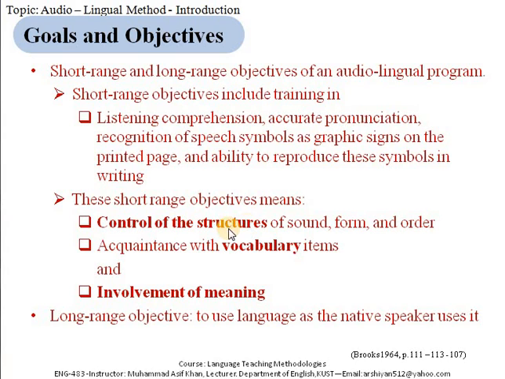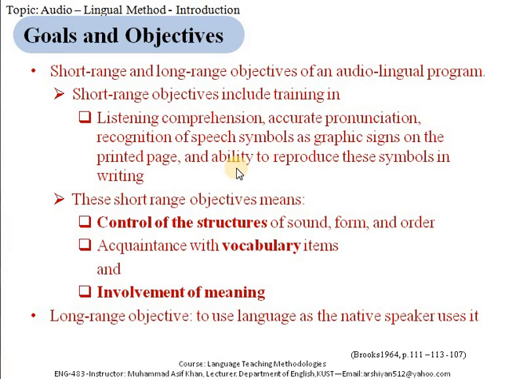And another ability that is being developed in the learner is that he or she should respond quickly and accurately in speech situations. So the teaching of listening comprehension, pronunciation, grammar and vocabulary, all these things are related to oral fluency. Reading and writing skills may be taught, but they are dependent on the prior oral skills. So language is primarily speech.